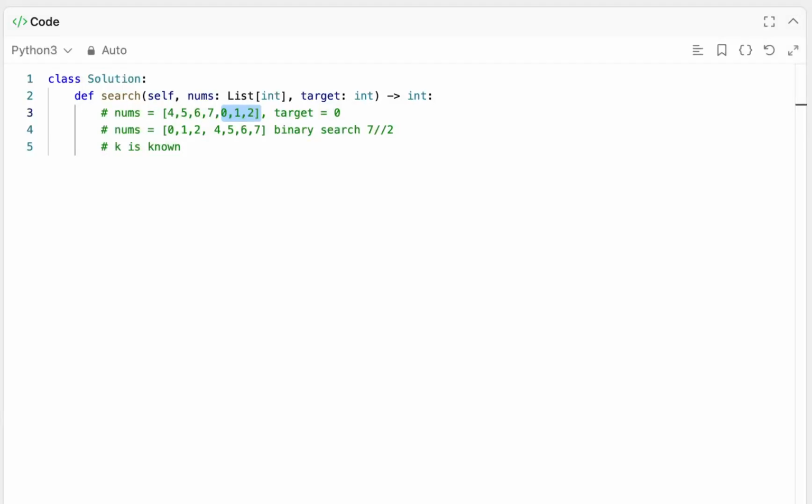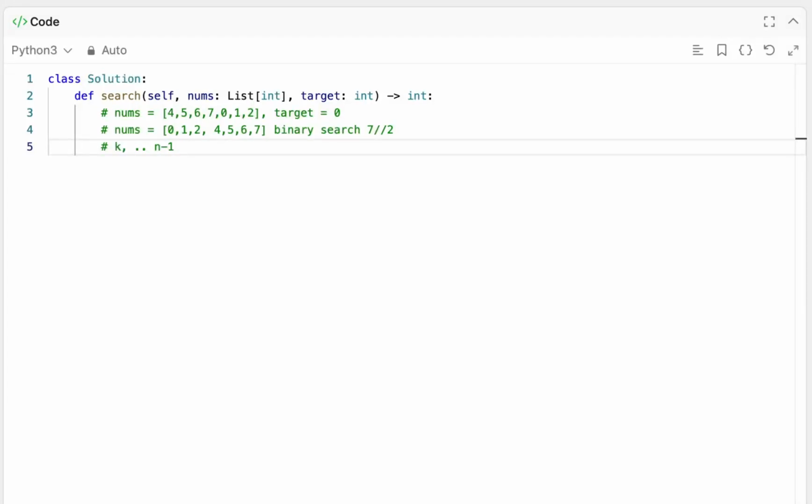My bad, no. So in total, if we start from k here, we have k, k plus 1, etc. to n minus 1, right?